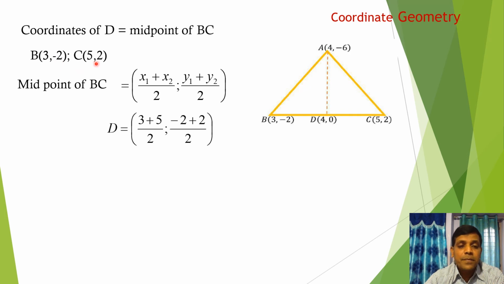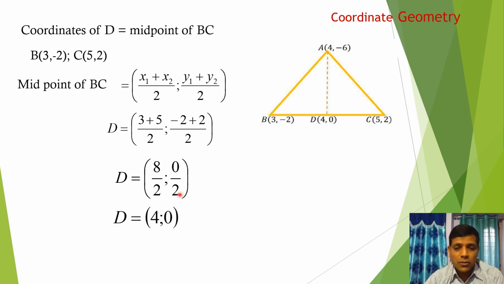Write the next step. D equals 3 plus 5 by 2, minus 2 plus 2 by 2. 3 plus 5 we get 8, 8 by 2. Minus 2 plus 2 we get 0, 0 by 2. So D equals 8 by 2, comma 0 by 2. 8 by 2, 2 fours are 8, so 4. 0 by anything is 0. So what are the coordinates of D? D equals (4, 0).